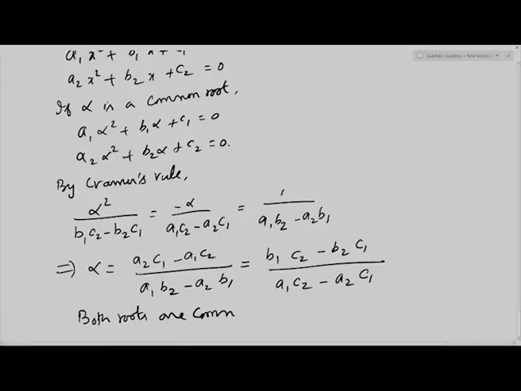So, in this case we have a1 by a2 is equal to b1 by b2 equal to c1 by c2.